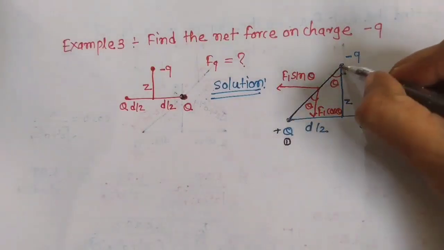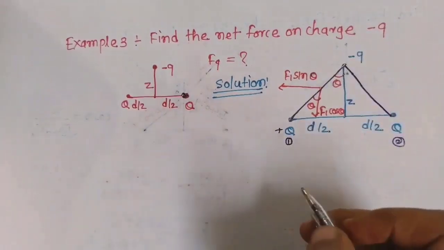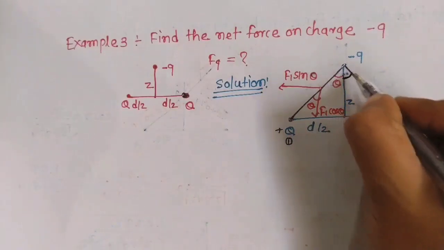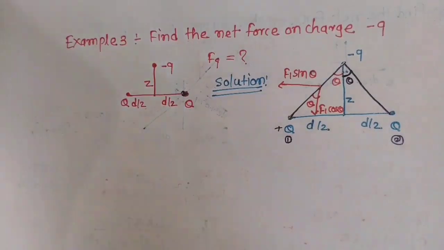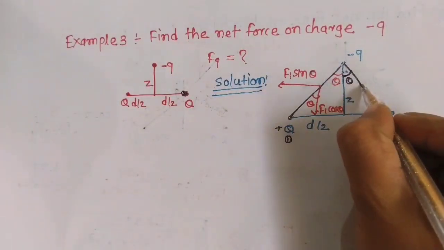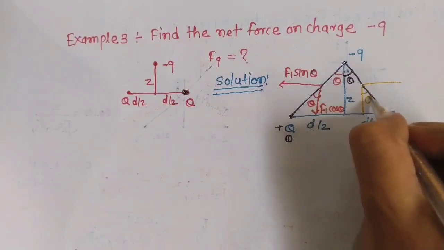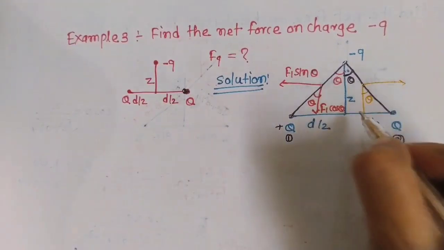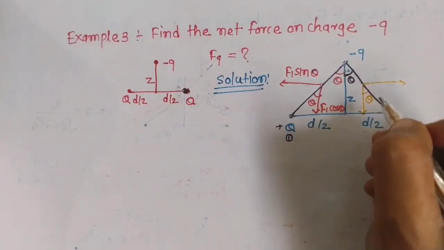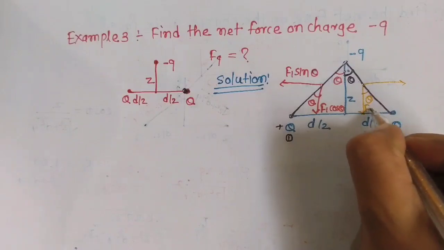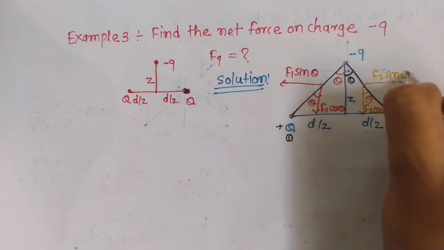We have to find the force on the charge minus Q due to the charge Q. Both have opposite polarity, that's why they attract each other, and the direction is towards the charge. This is theta. Therefore, this is F2 cos theta, and this is F2 sin theta.